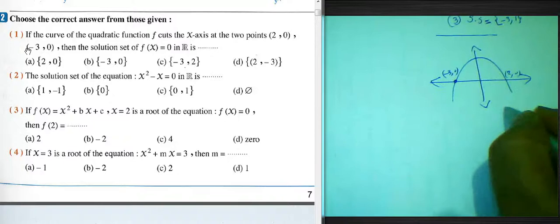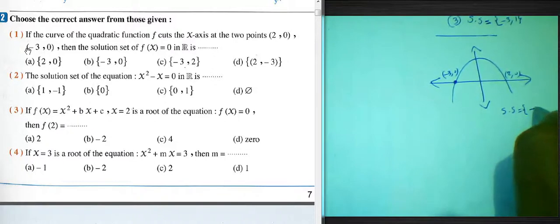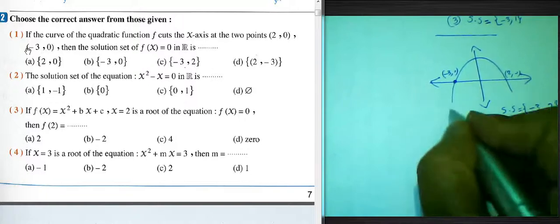So the solution set will be {-3, 2}. It's okay. It's number 1.